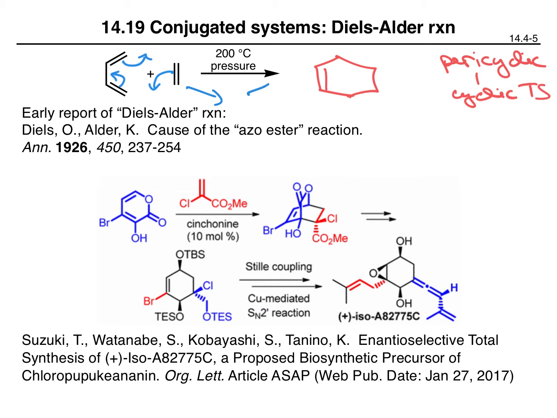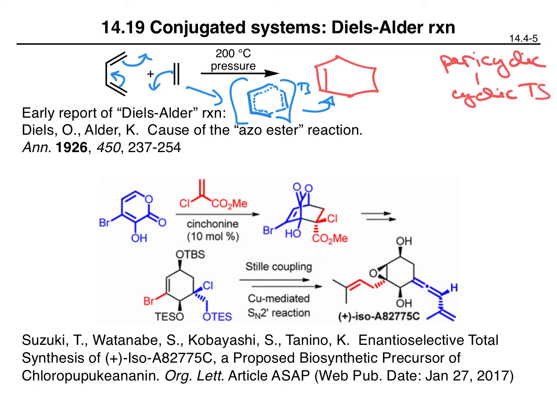So, if we think about the transition state, we are starting to form bonds. This double bond is breaking. We're starting to form a new sigma bond. This bond is breaking, this bond is forming, this bond is breaking, and this sigma bond is forming. So this is our transition state, and then it leads to this product.